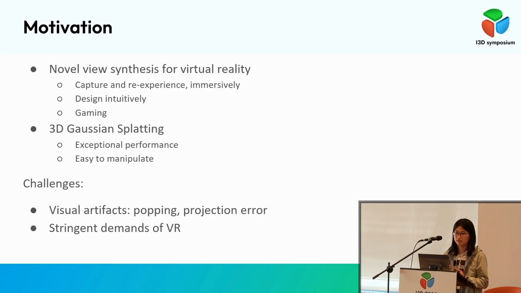There are mainly two visual artifacts. The first one is popping, and the second one is projection error. We'll talk about them later. And the second challenge is the stringent demands of VR. A smooth VR experience requires above 72 frames per second and very high resolution.